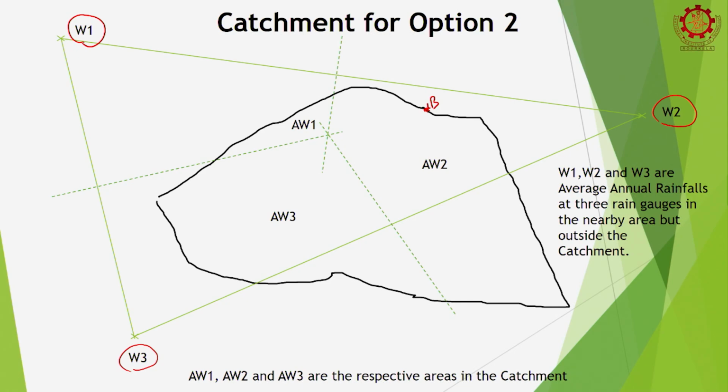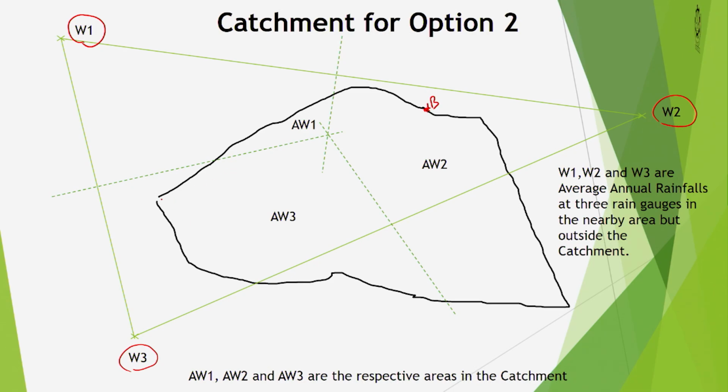Therefore, what I have done is I have marked a triangle here, because there are 3 weather stations, weather station 1, weather station 3, 2. I have marked a triangle here and then bisected the sides. Now, I can divide my catchment area into 3 areas.